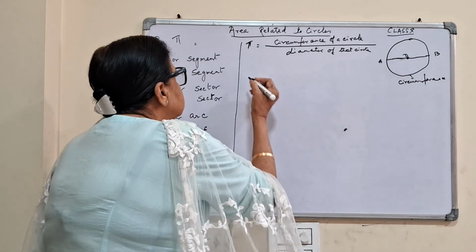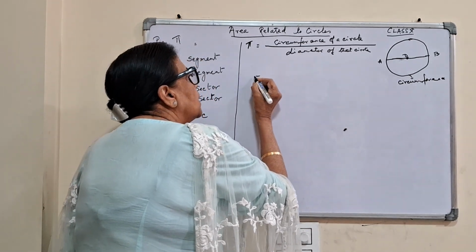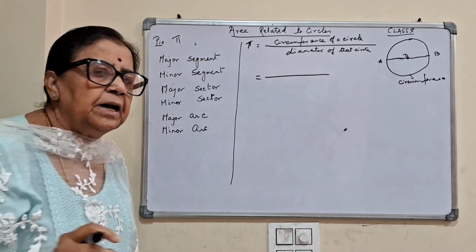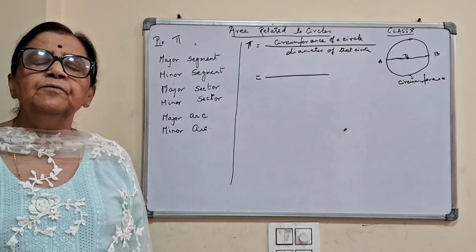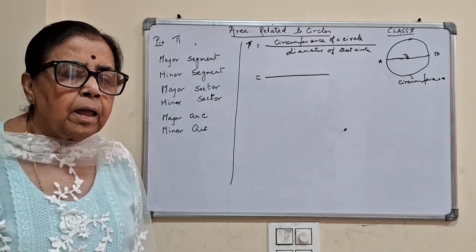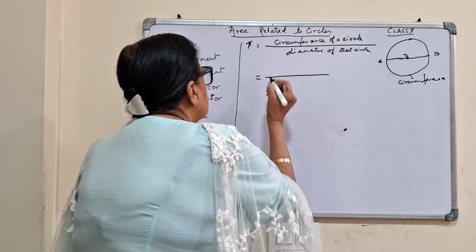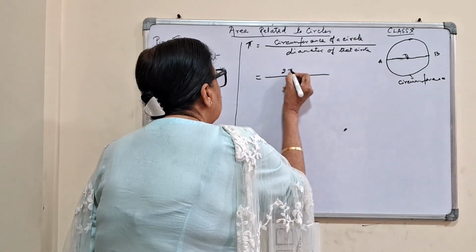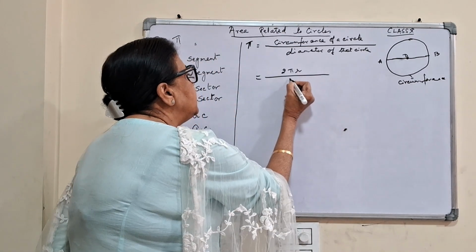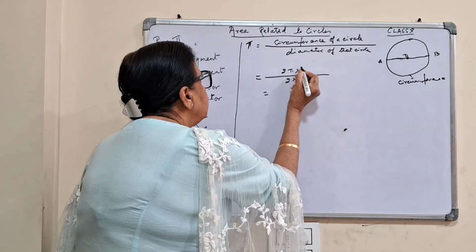Okay, now this is circumference divided by diameter. We have studied in lower classes that the circumference of a circle is 2 pi r. Divided by d, which is twice r, that is equal to pi.